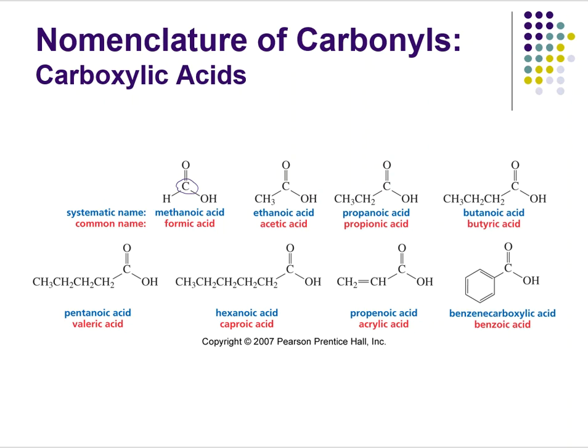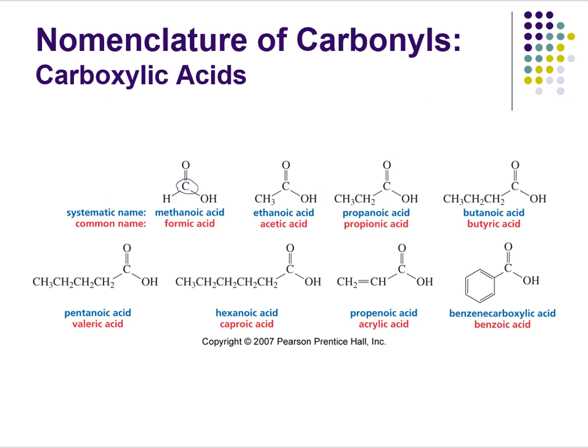We did this one, ethanoic acid. We did this one, propanoic acid. We did that one, butanoic acid. However, in the common nomenclature system, the common name for a 1-carbon chain is form. So methanoic acid is the IUPAC, and formic acid is the common name.